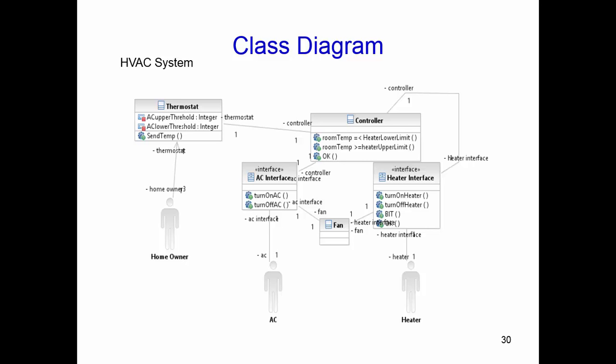So in this case, there is no generalization or aggregation. But you see how you can build the entities of your system and how they're connected. So this is the structure of your system. Questions about class diagrams?